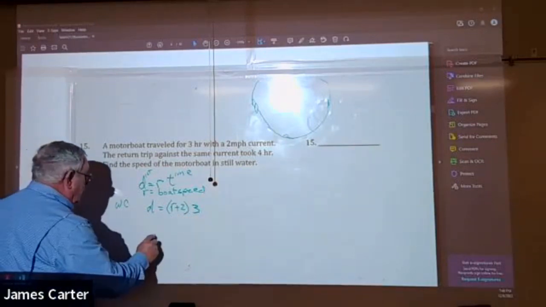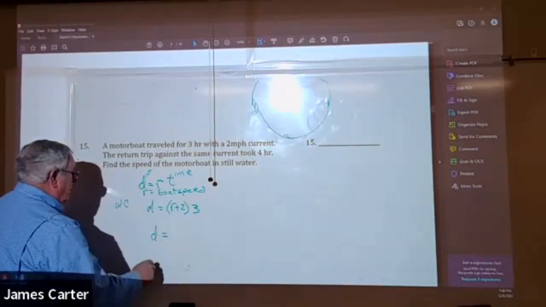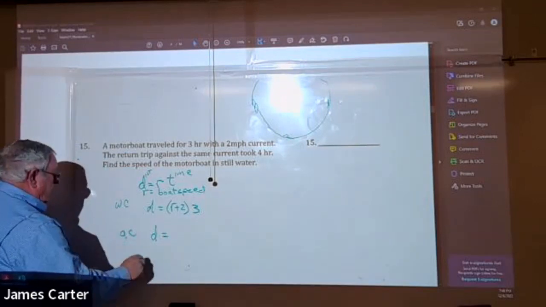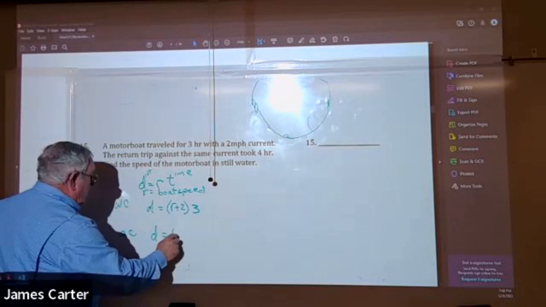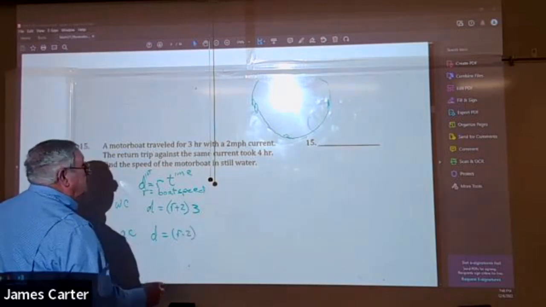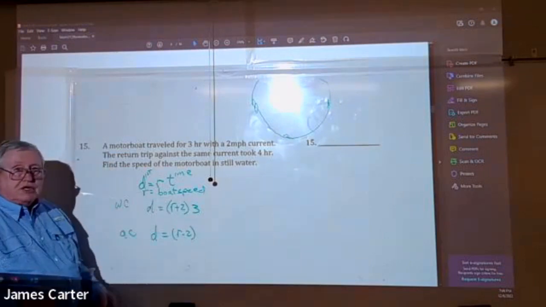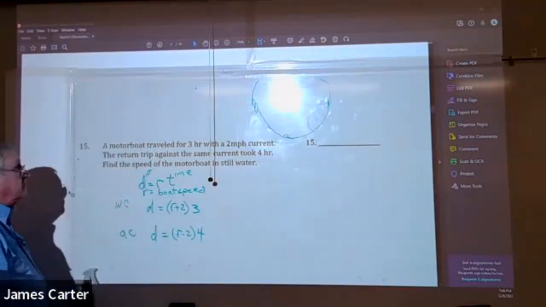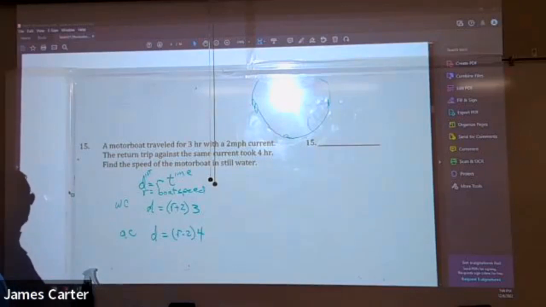Our other equation, against the current, is going to be R minus 2. And I told you before, what you giveth, you taketh away, times 4 hours.